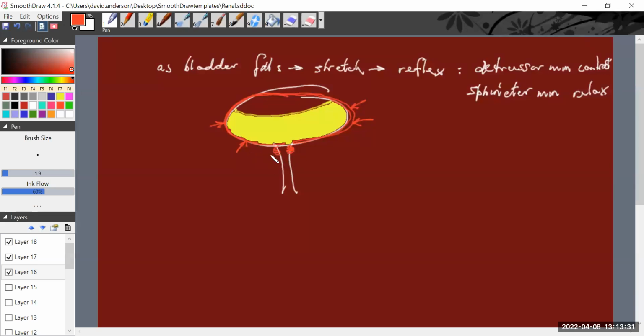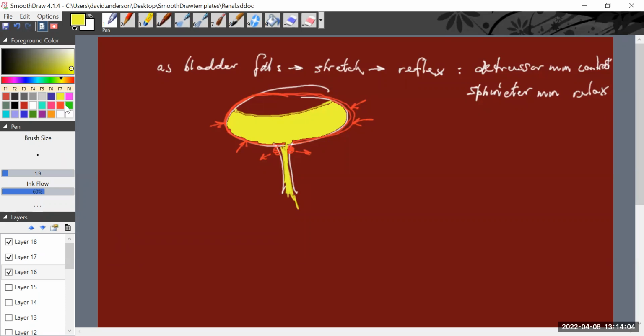And this muscle relaxes. And that's going to allow the passage of urine into the urethra and out. So this micturition reflex is initiated when the detrusor muscle contracts because of the stretch on the bladder wall, and the sphincter relaxes.